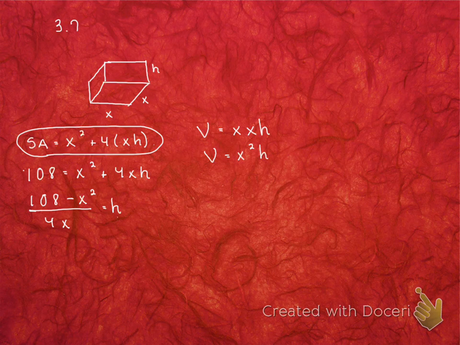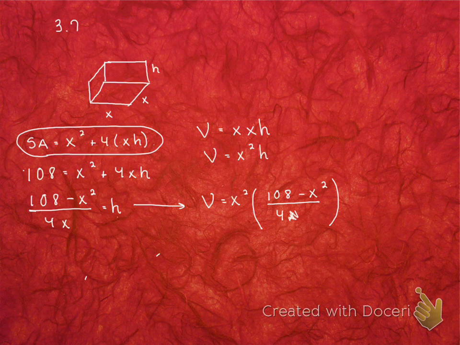Now we can use that to rewrite our volume equation. X squared times what h is equal to. I'm going to do some simplifying. I'm going to get rid of that x and one of those.